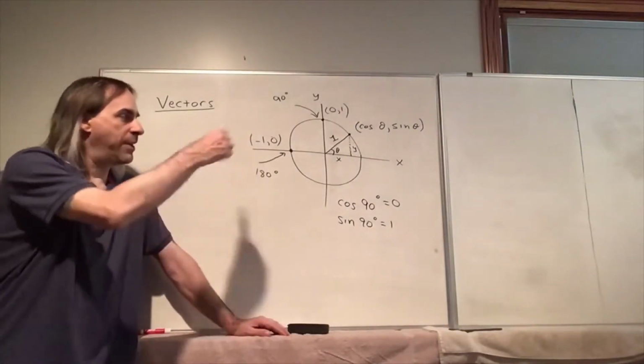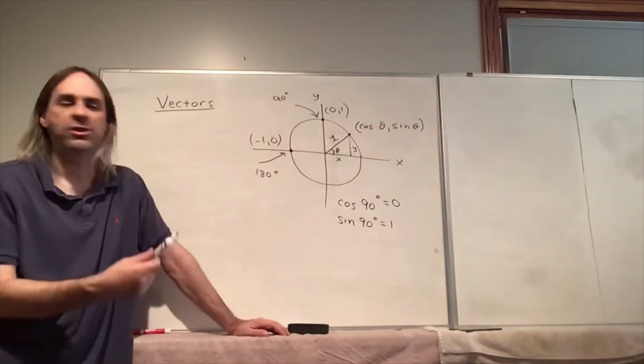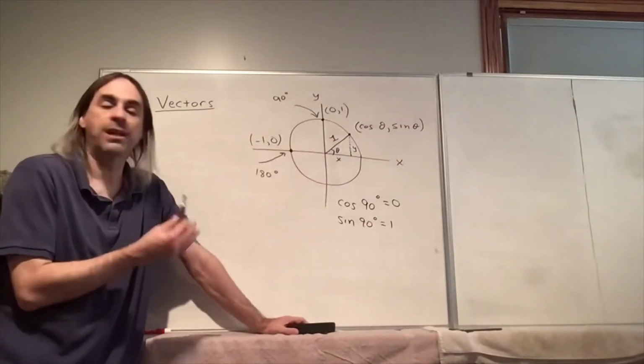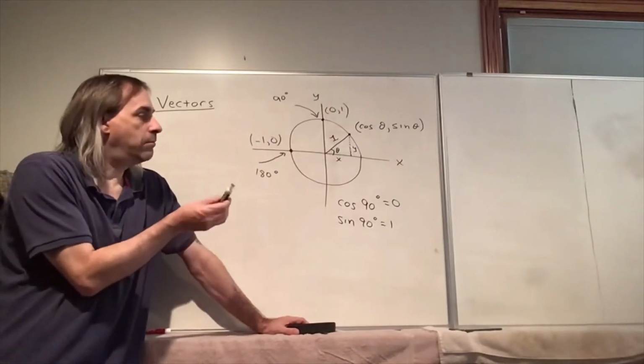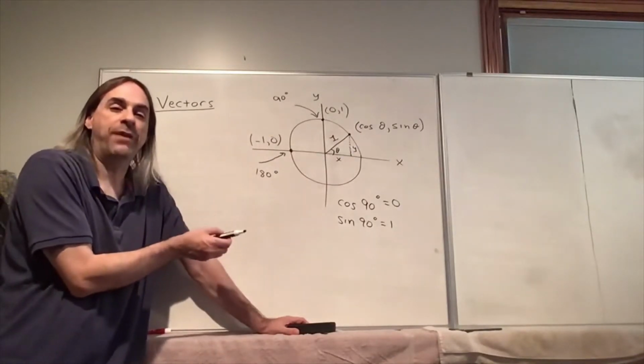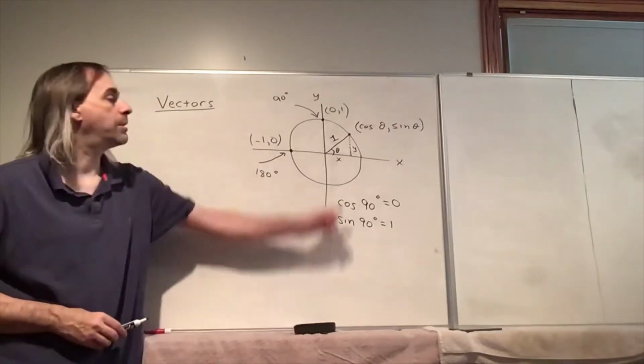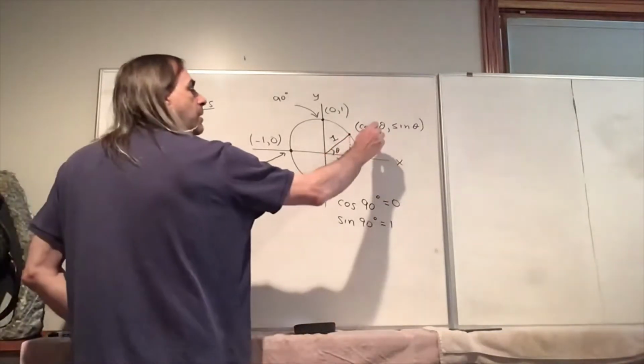And so this works whatever your angle is. It works just fine with negative angles. The convention in math is you measure angles from the positive x-axis, and you always go counterclockwise. Remember the quadrants?